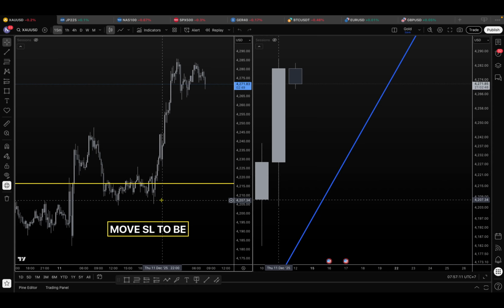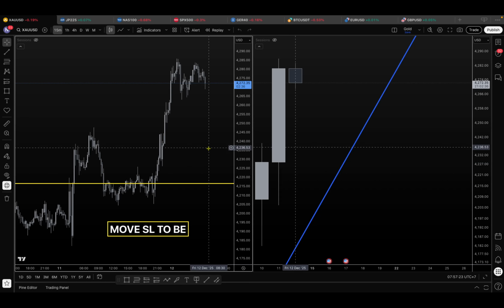Maybe in the future, if I have a larger size account, then I will leave a runner of about 5 or 10% of the total position size.